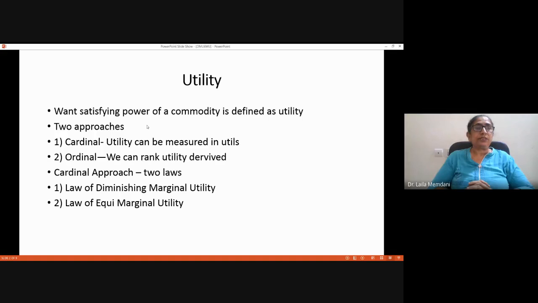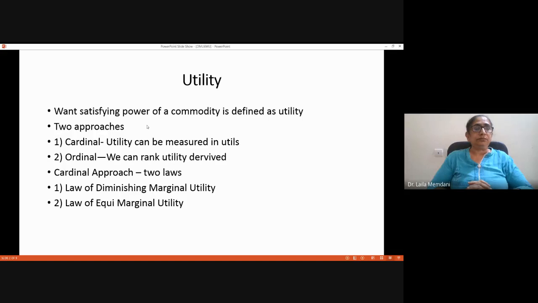On the other hand, we have the contrary approach, that is ordinal approach. It says that we can rank utility, that is, we can give ranks to the utility that we derived. A cup of coffee gives you more utility than a cup of tea.